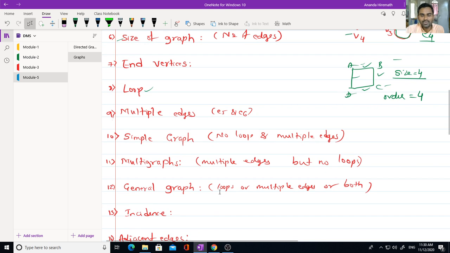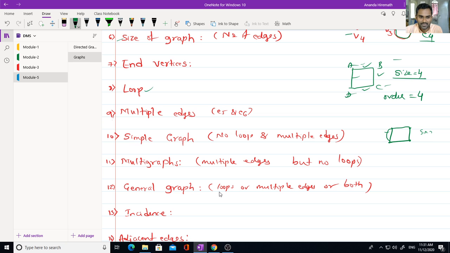A graph which has no loops as well as no multiple edges is called a simple graph. Now this is a simple graph because it has no multiple edges as well as no loop. If I have one more edge of this kind, then this is not a simple graph because it has multiple edges. So basically a graph which has no loops as well as no multiple edges is called a simple graph.